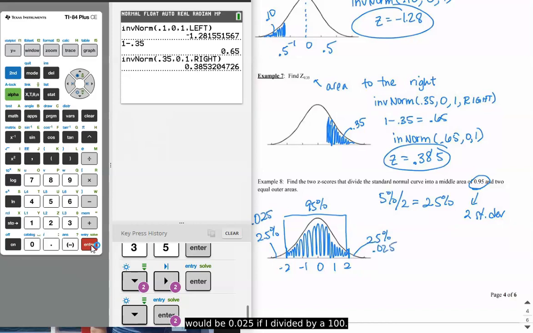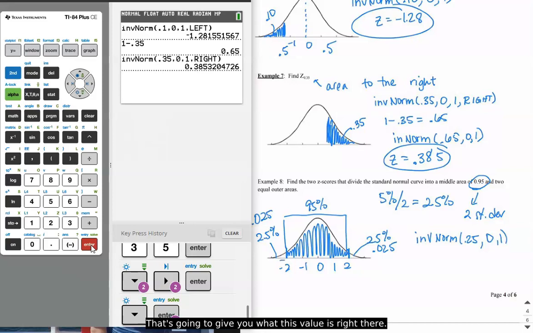Okay? So if you have the older version, I'll start there. So inverse norm, you would type in 0.025. You would type in 0 and you type in 1. And that's going to give you the lower z-score value.